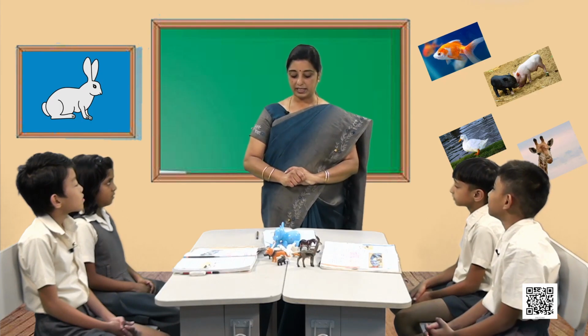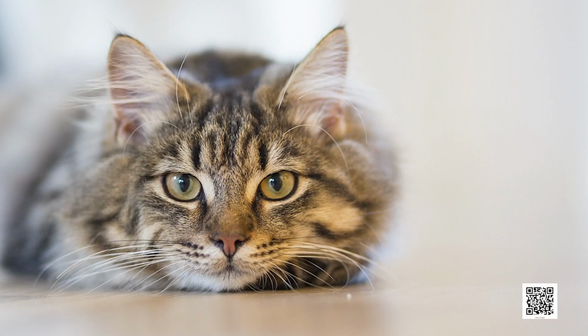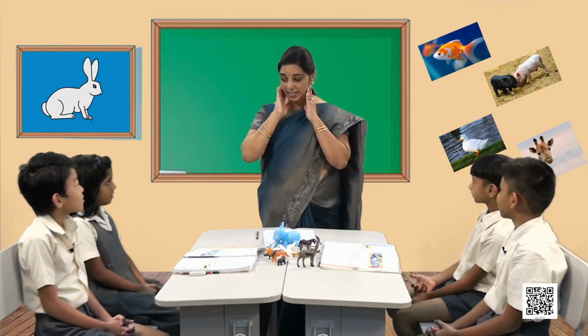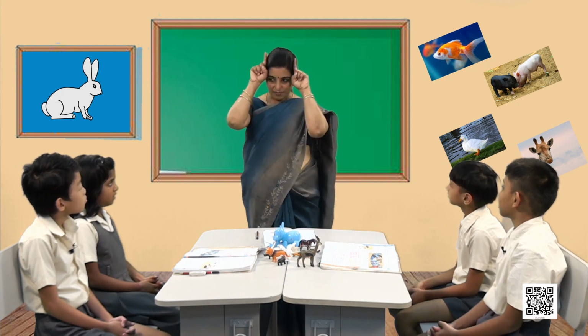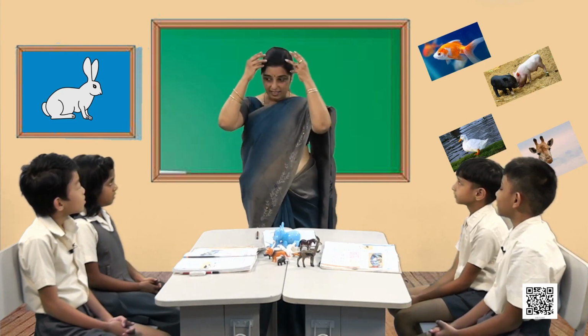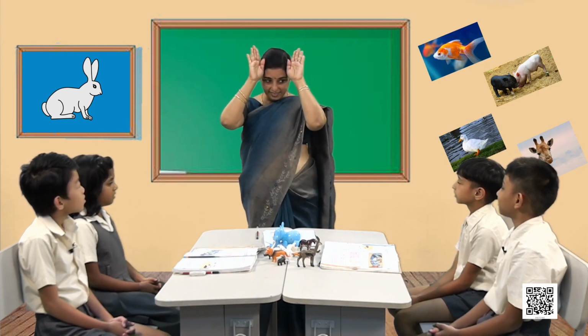Then can you tell me an animal with ears on the sides of its head? Cat, dog. And we humans also have our ears on the sides. Very good. Then an animal with the ears on the top of its head? Again rabbit. Yes, very good. The rabbit has its ears on top.